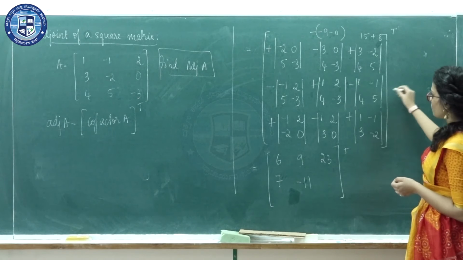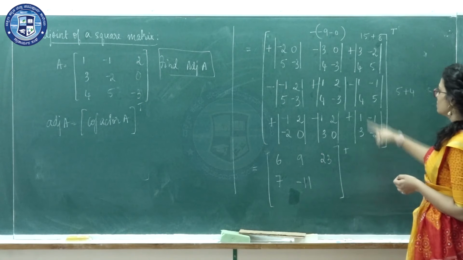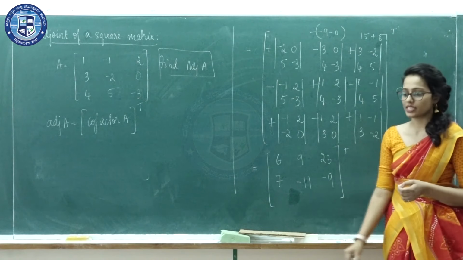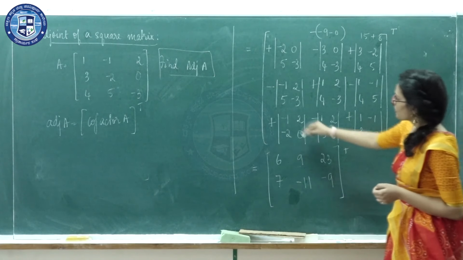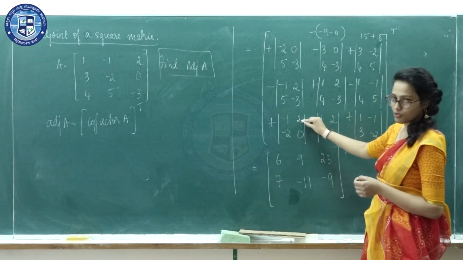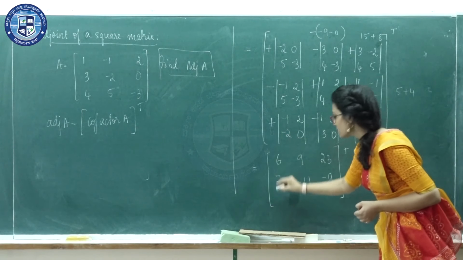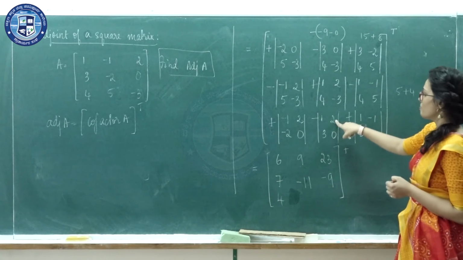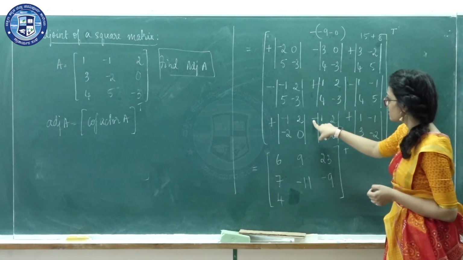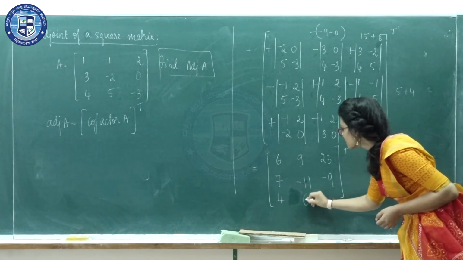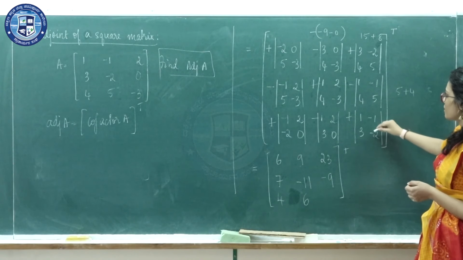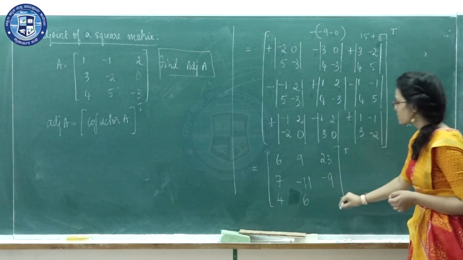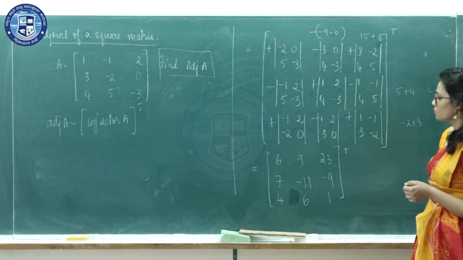So this is 5 plus 4, correct? So we get 9, but there is a negative sign, so minus 9. Next term, 0 plus 4, so it is plus 4, plus into plus is plus, so we get plus 4. Here 0 minus 6, but there is a minus sign outside, so we get plus 6. For the last term, we have minus 2 plus 3, that is 1, and there is a positive sign, so the answer remains plus 1.